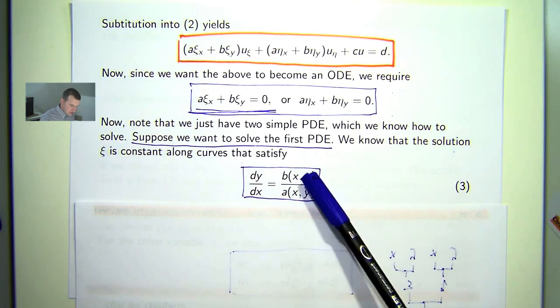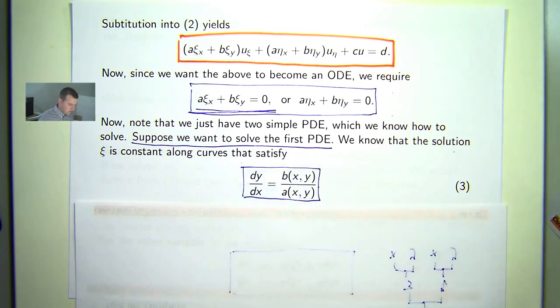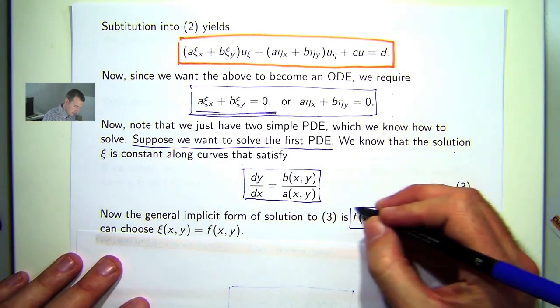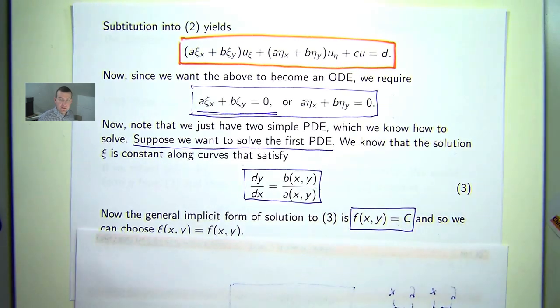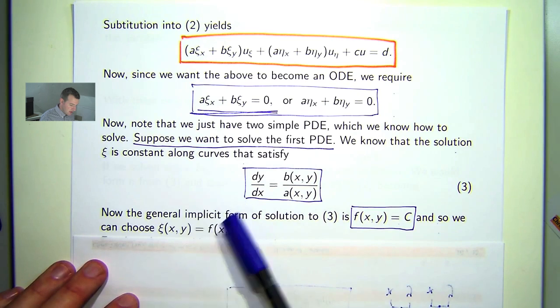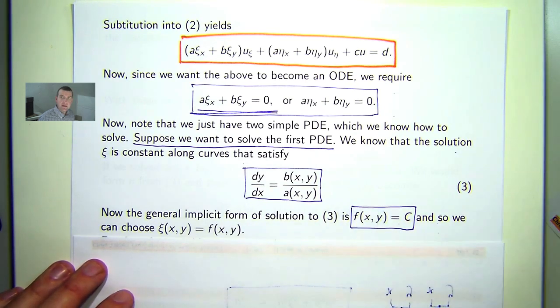So if we solve this differential equation and form some sort of implicit form of solution, where C would be a constant, what we can do is choose our psi to be this left-hand side.